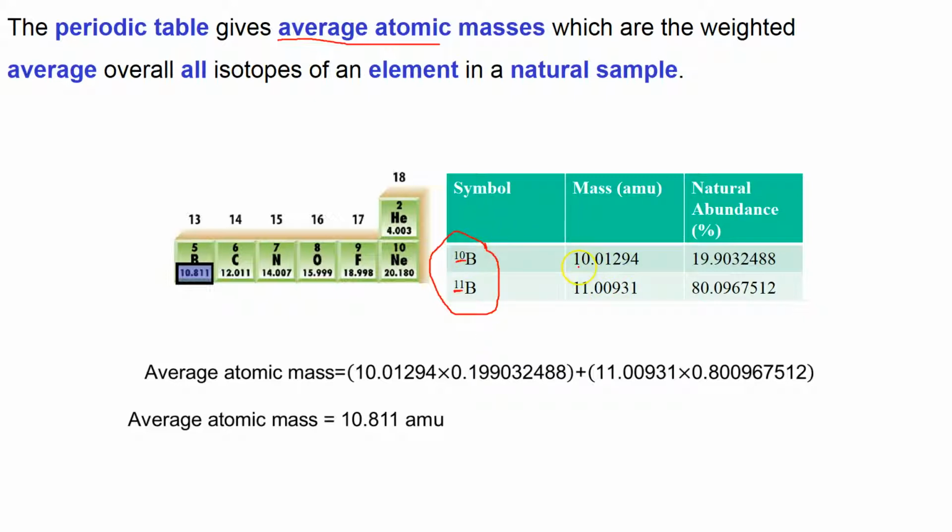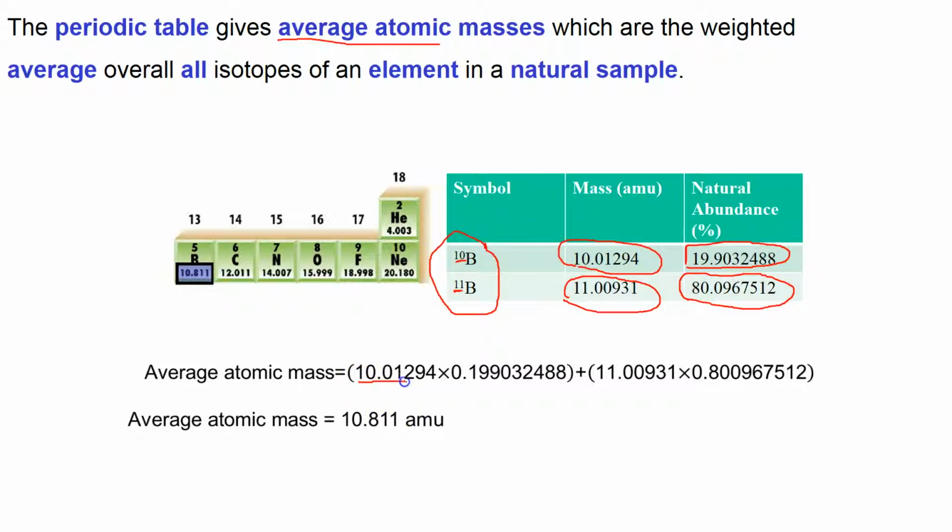The lighter one, unsurprisingly, has a mass of about 10 AMU, and that comprises approximately 20% of the atoms in a natural sample of boron. The heavier one has a mass of about 11 AMU, and that comprises about 80% of the atoms in a natural sample of boron.